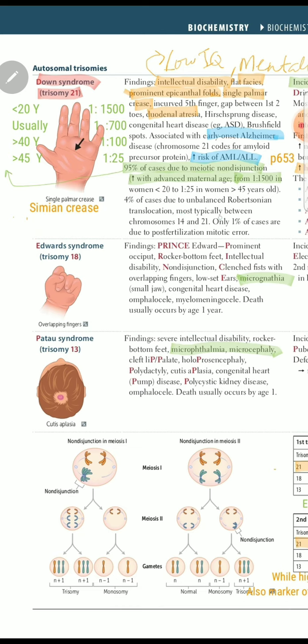Then only 1% of cases are due to post-fertilization mitotic errors, for example mosaicism. The gametes are normal without non-disjunction, and after fertilization, in zygotic divisions, the post-fertilization mitotic divisions in growth cause just 1% mosaicism.